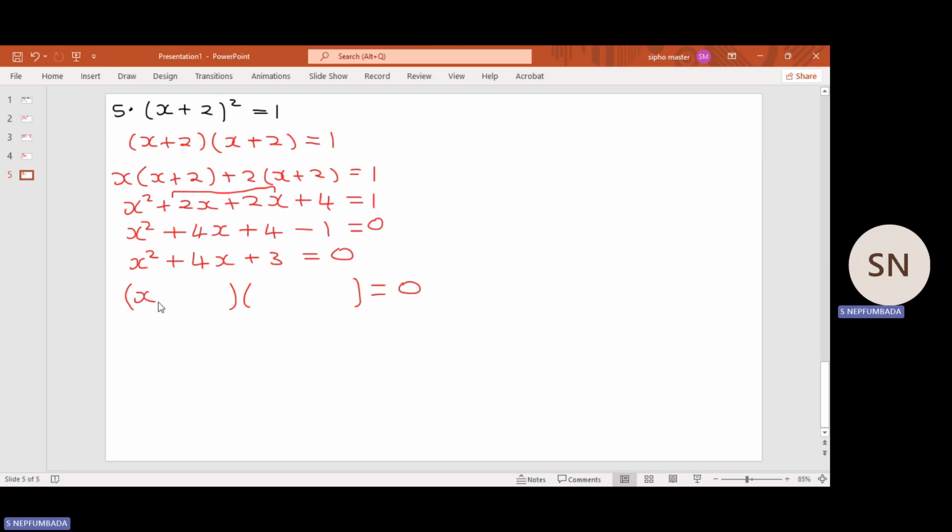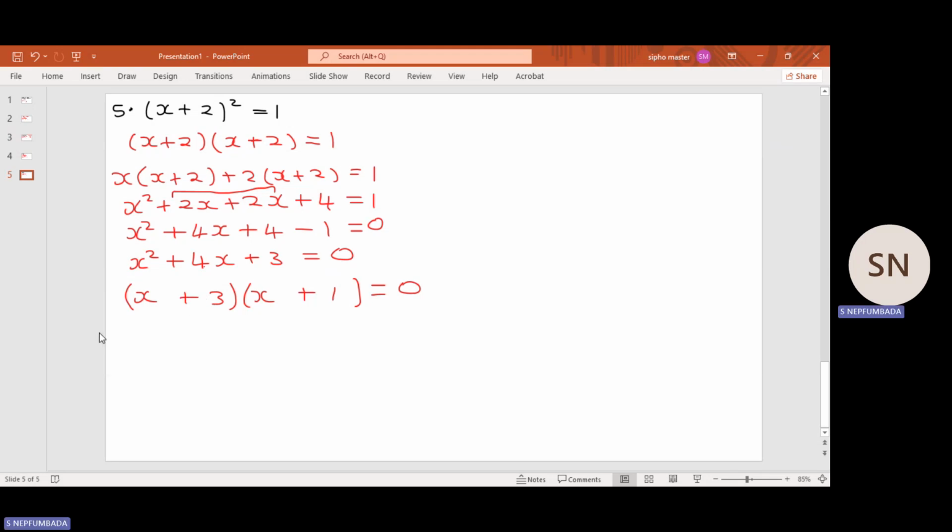To obtain x squared, the first is x and this is x. Then here we need the factors of 3, which when multiplied give us positive 3, and when we add, they give us 4, which is 3 and 1. Then here is plus and this is plus.